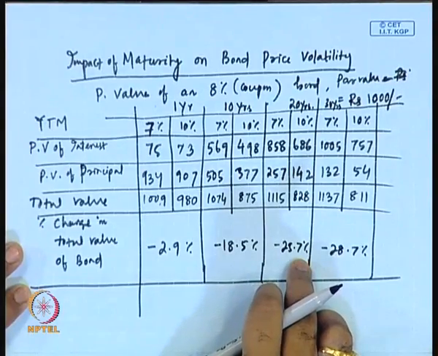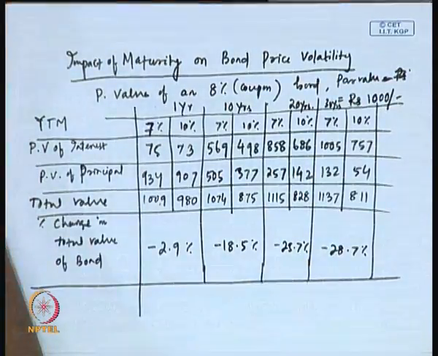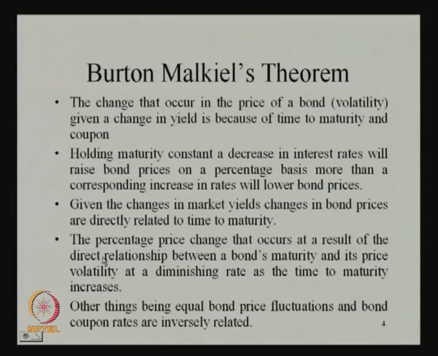And another observation, the fourth point: the percentage price change that occurs as a result of the direct relationship between the bond's maturity and its price volatility increases at a diminishing rate as the time to maturity increases.